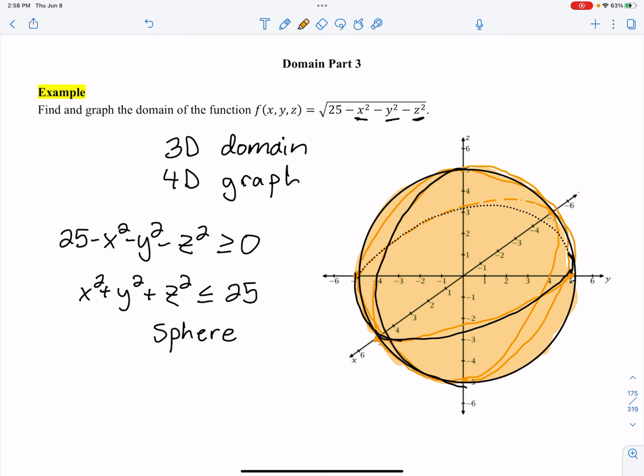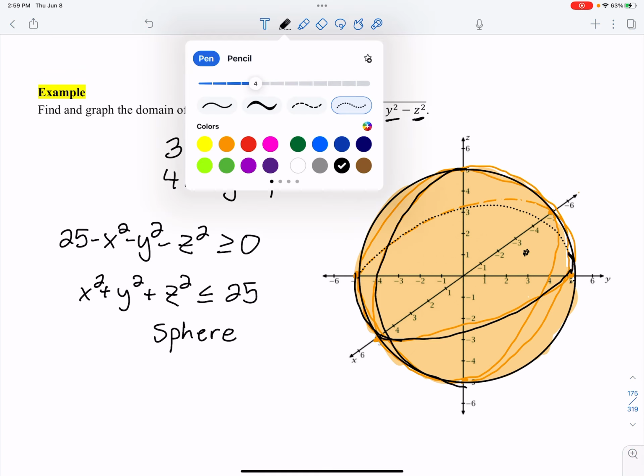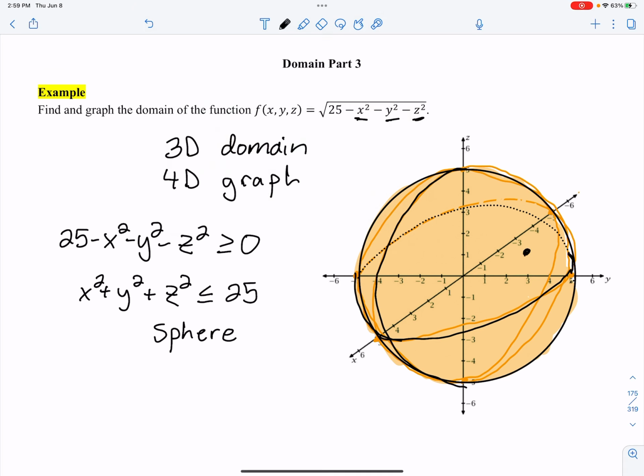So there's my sphere. What does this mean though? What this means is if I pick any point in the sphere or on the sphere, it will be a point that I can plug into this function. If I pick a point outside of the sphere and try to plug it in, I'm going to get the square root of a negative.